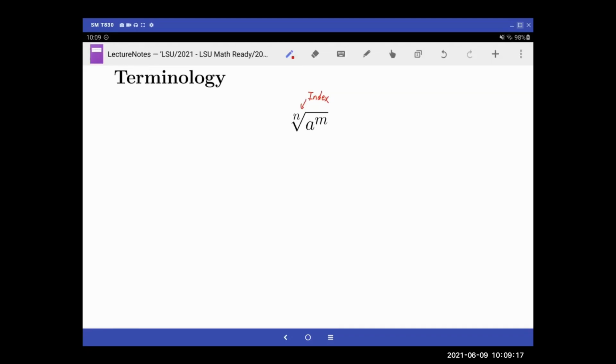This a to the m part right here is called the radicand. And the m inside of there is called just the exponent or the power, which we knew already.